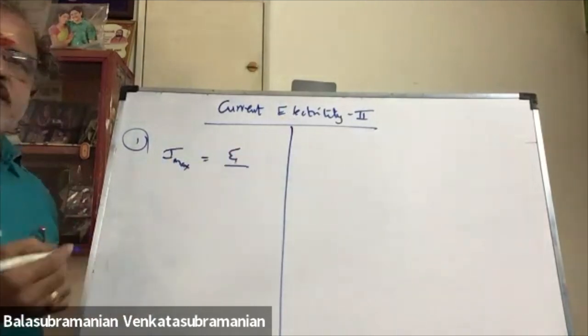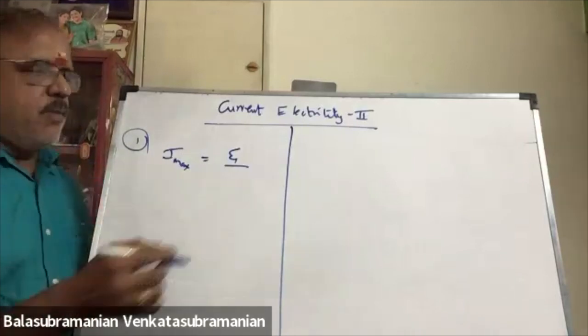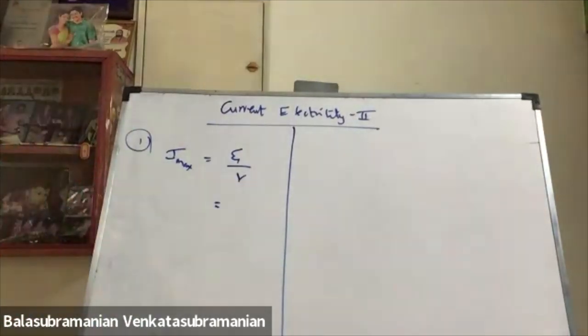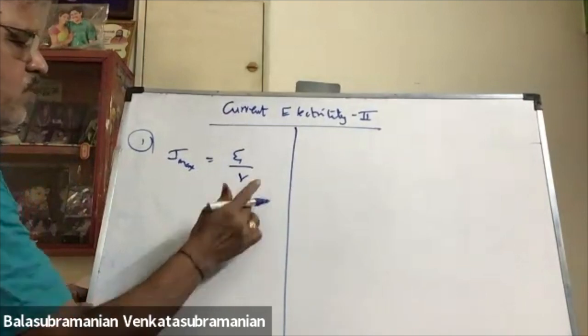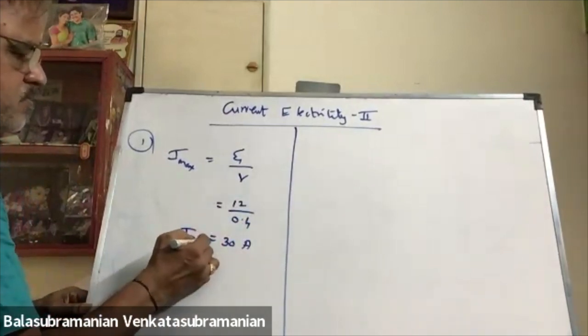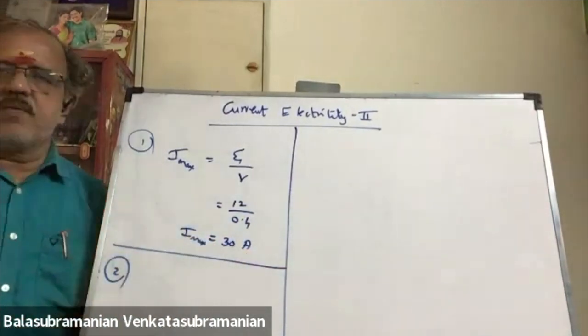EMF, voltage by resistance, we call it current. So it is EMF by internal resistance. The value of EMF is 12 volts, internal resistance is 0.4 ohms. 12 by 0.4, 120 by 4, 30 ampere. Straight problem.